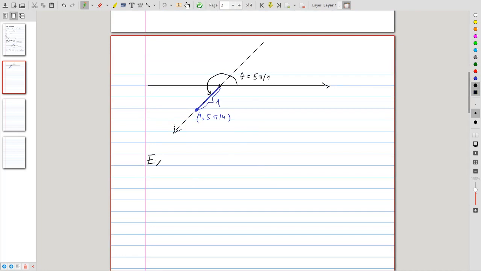Another example. Let's find the point 2, minus 2 pi over 3 in polar coordinates.